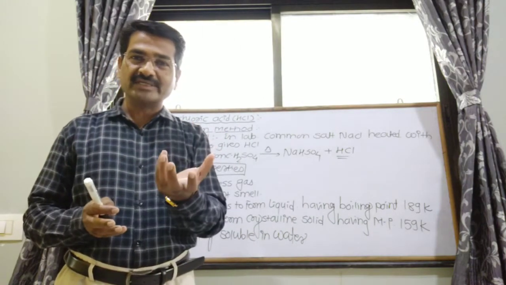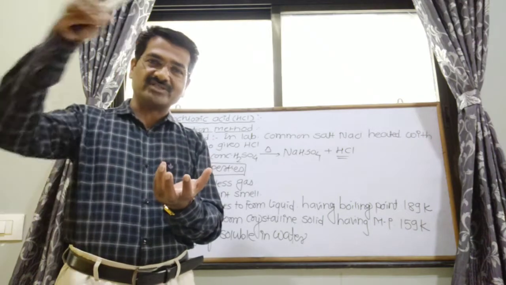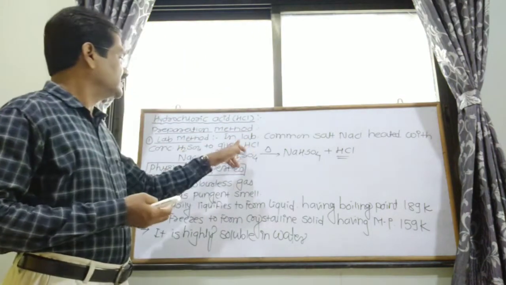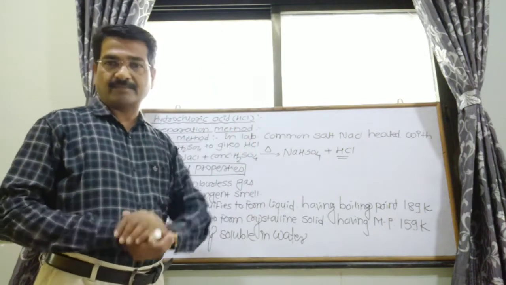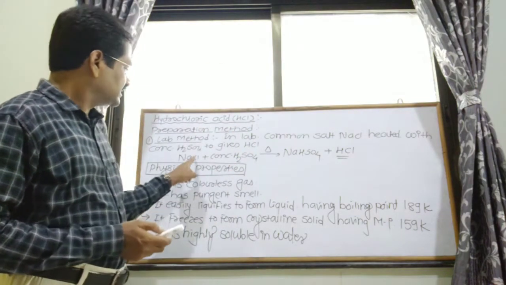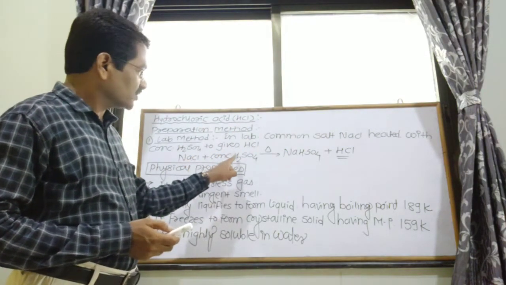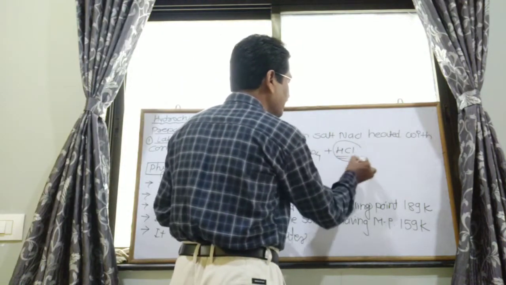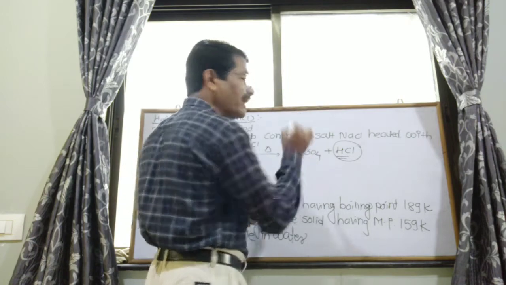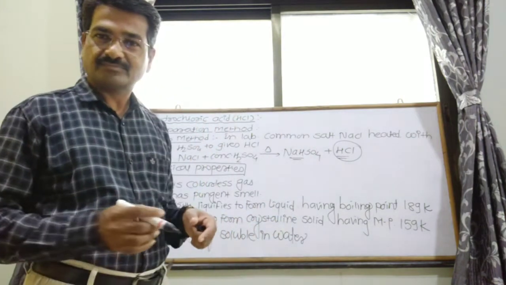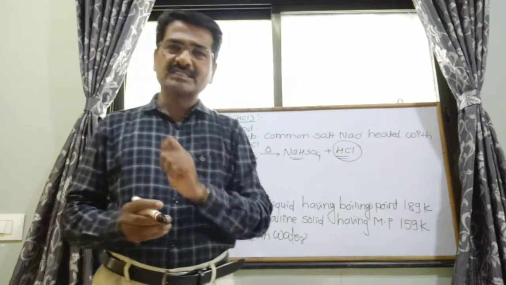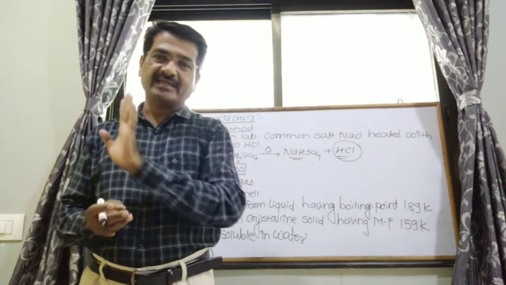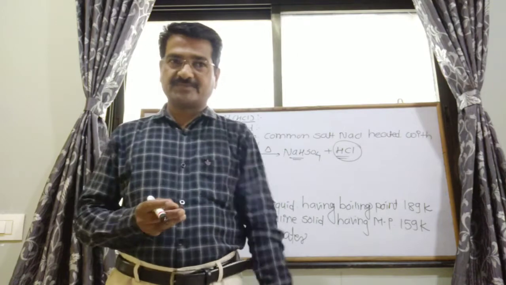Whenever NaCl is taken, concentrated sulfuric acid is added and heated, it gives HCl. See the reaction: NaCl heated with concentrated H2SO4 gives hydrochloric acid with sodium bisulfate. This is one simple preparation method of hydrochloric acid, and it can be asked for 2 marks.